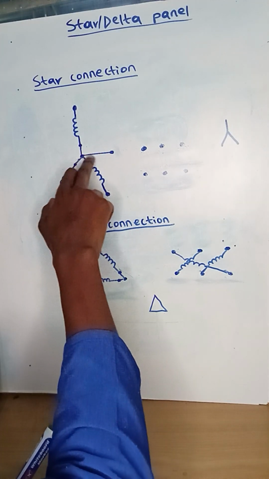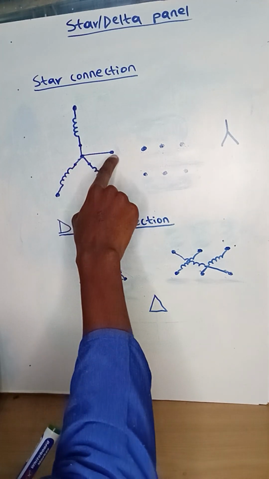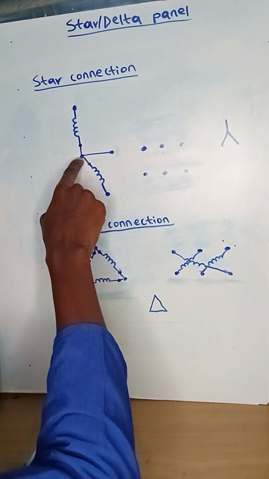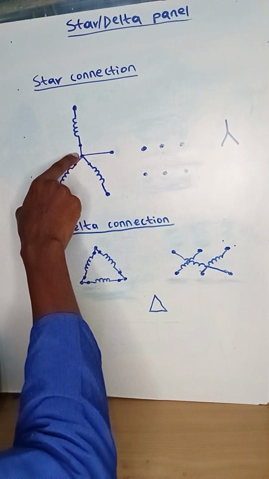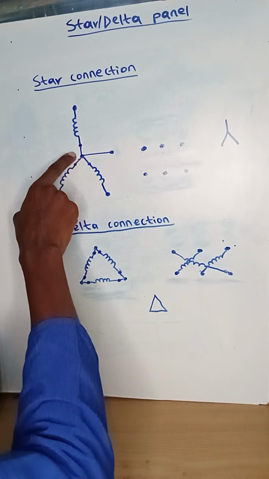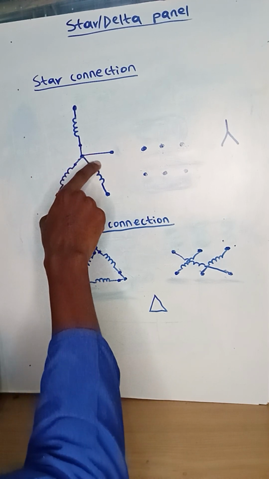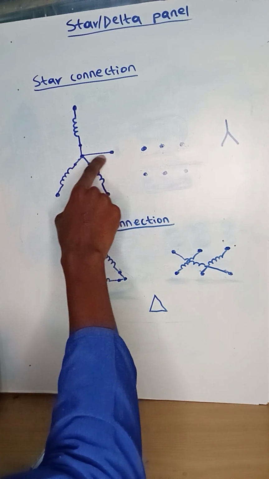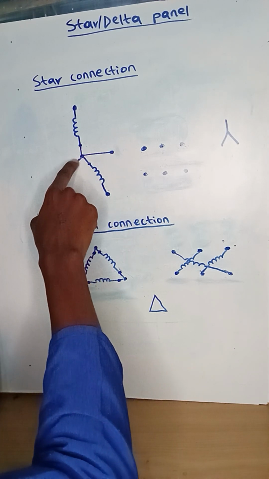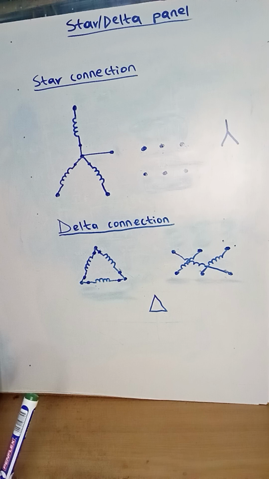So this line, and it has also this line, which means this line goes to the middle point, and this middle point goes up, goes left, and goes right, which means this wire is connected to all these 3 points.